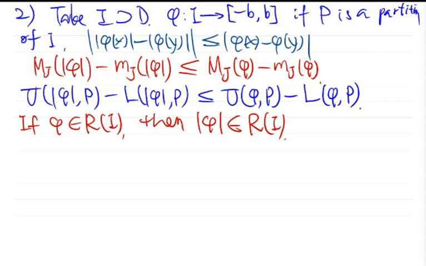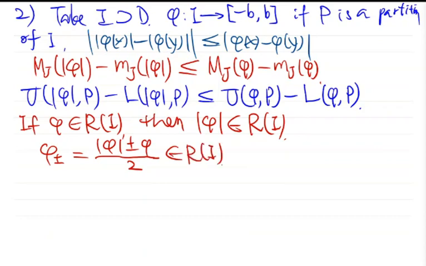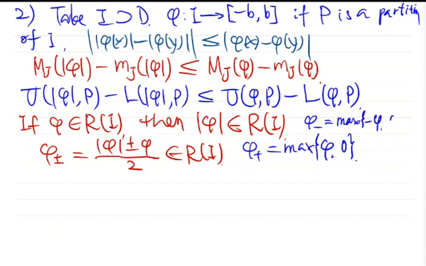Furthermore, the function defined in this way, the absolute value of phi plus phi or minus phi, then divided by 2, is also integrable over the rectangle I. Another way to define it: phi plus is the maximum of phi and 0, and phi minus is the maximum of minus phi and 0.